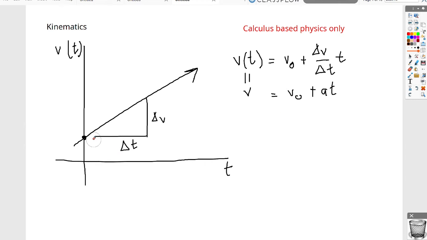Now, we could also calculate the area under a curve. The area under this line, actually, is what you would say. And even if you don't understand calculus, you'll see where this comes from.